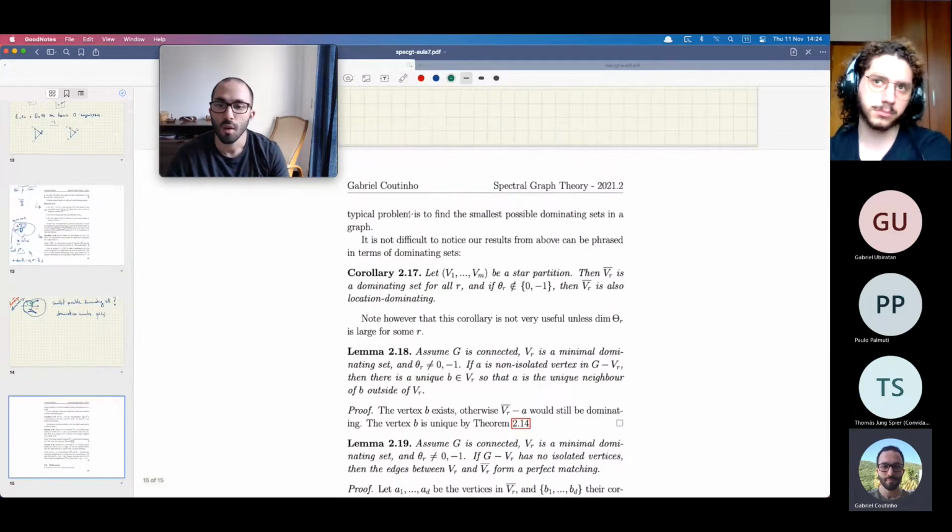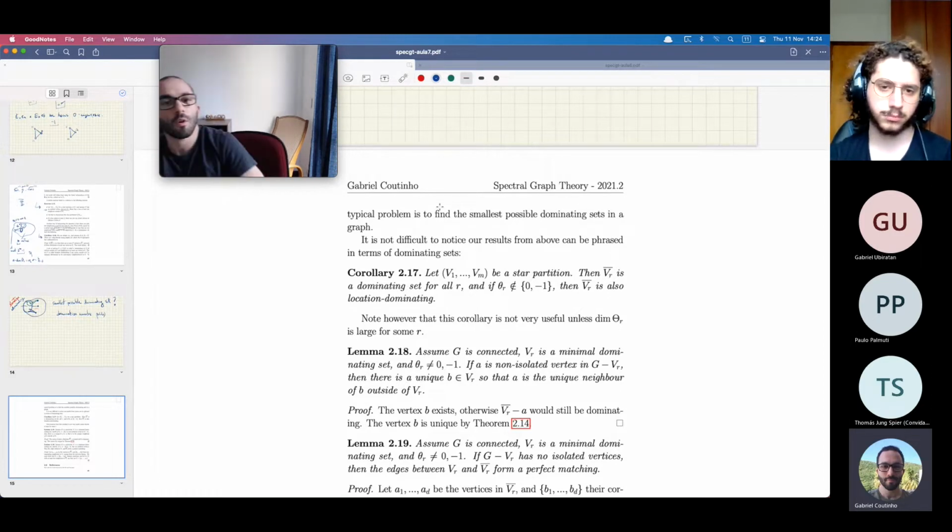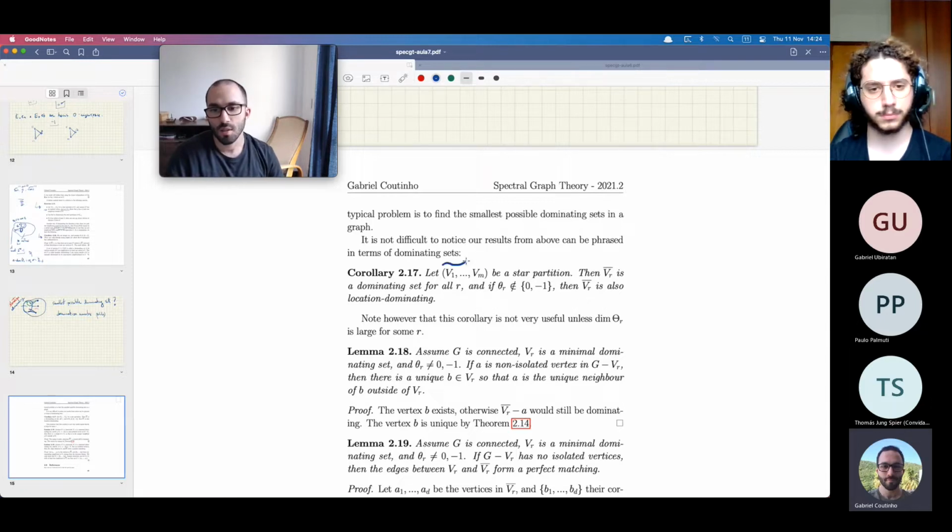Okay? Now, it is quite the immediate conclusion from the stuff that we were doing right before that if this is a star partition, then the complement of V_R is a dominating set for all R. And if theta_R is not 0 or -1, then the complement of V_R is actually location dominating.